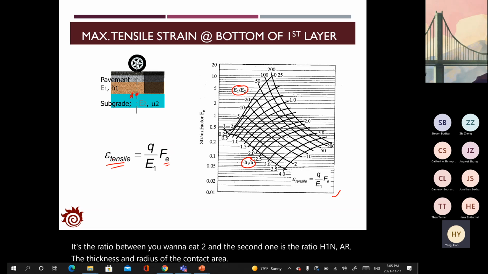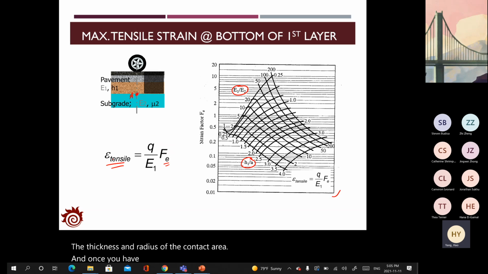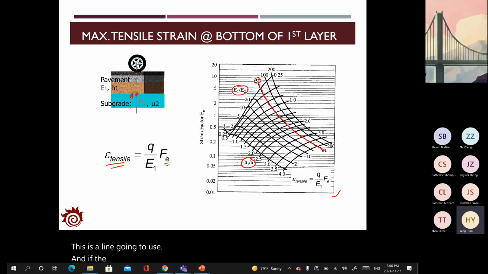And once you have identified the two lines, for example, if you know the value of E1 over E2 is 50, then you're going to choose this line. This is the line I'm going to use. And if you know the ratio of H1 and A is 2, then you're going to choose this line.